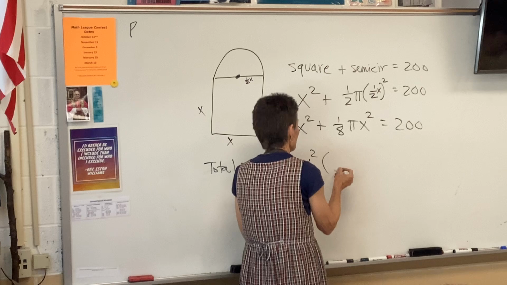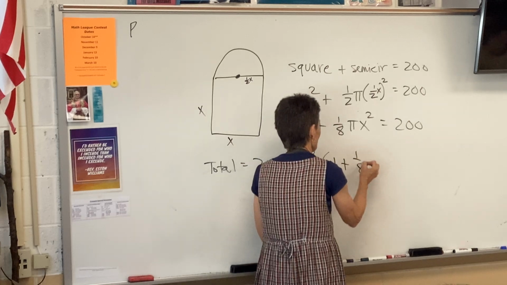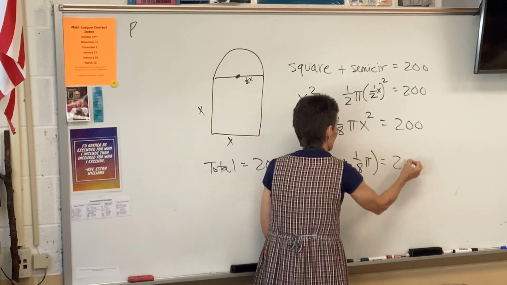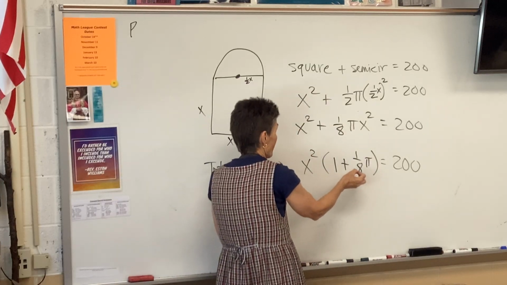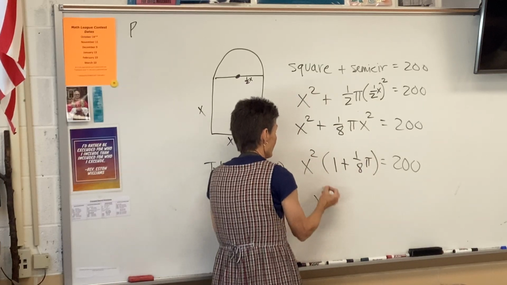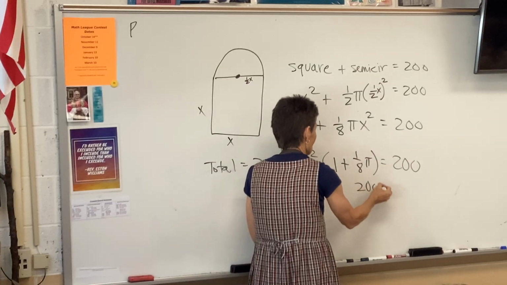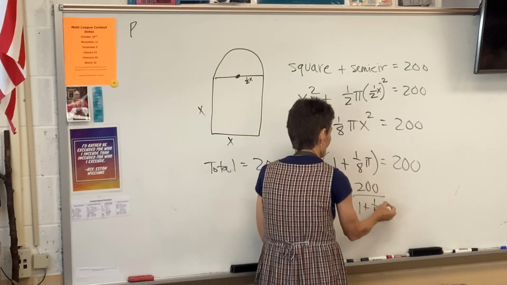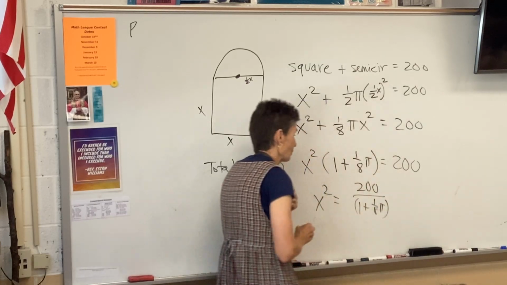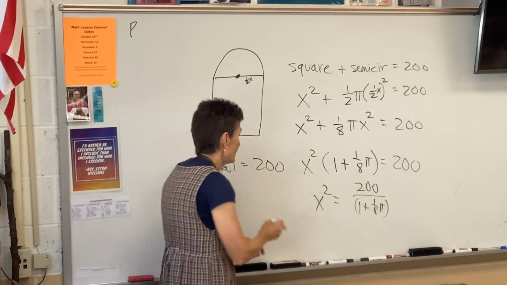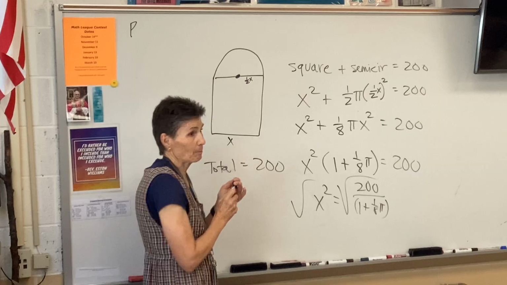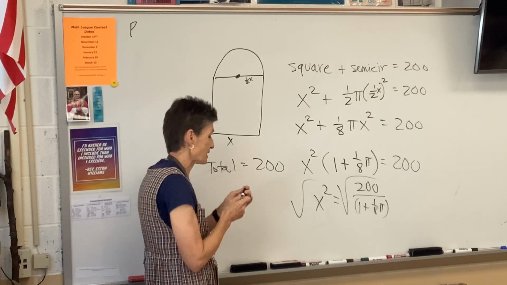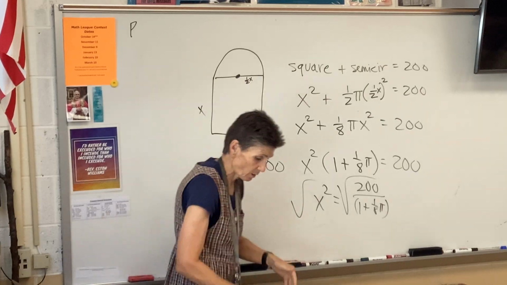This is me personally, you can do it however you want. So I'm going to factor out the x squared and then divide. And then square root. Now, plus or minus, because obviously x can't be negative, so just square root.